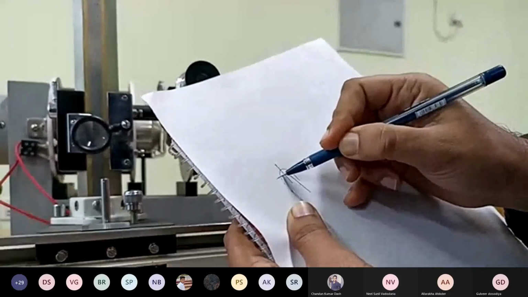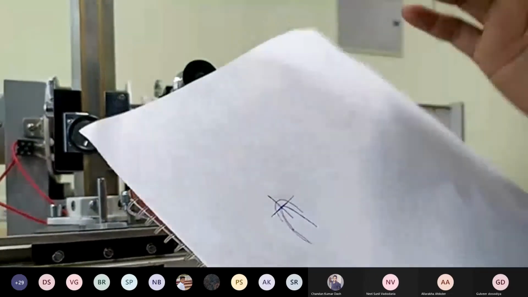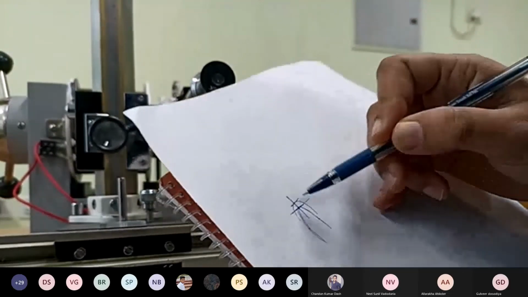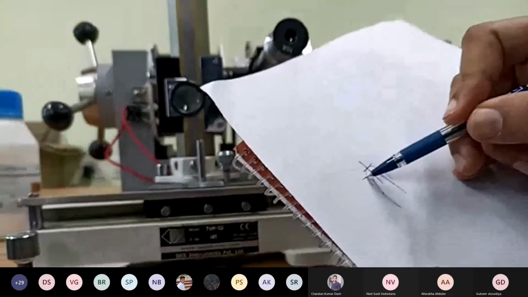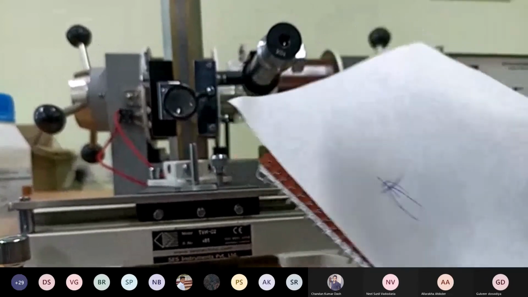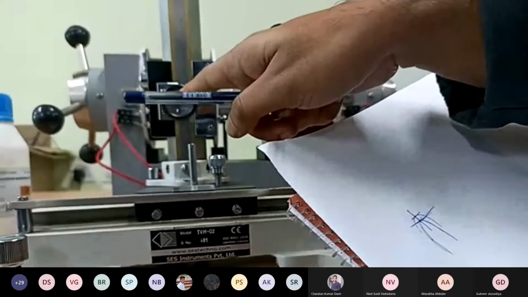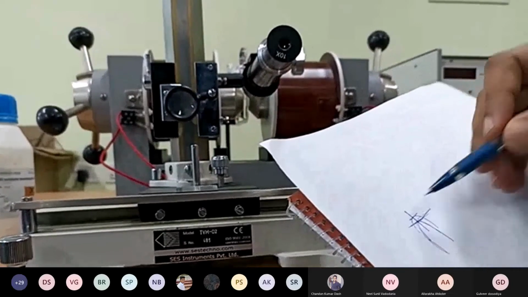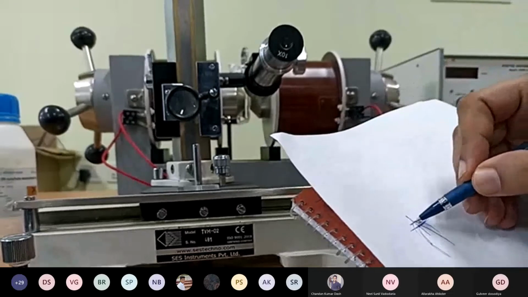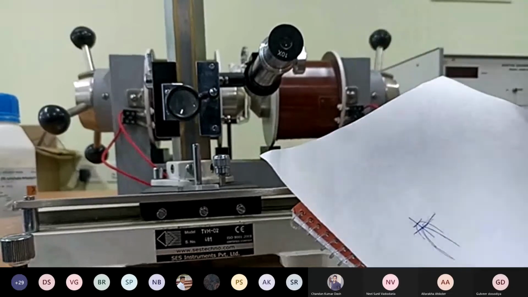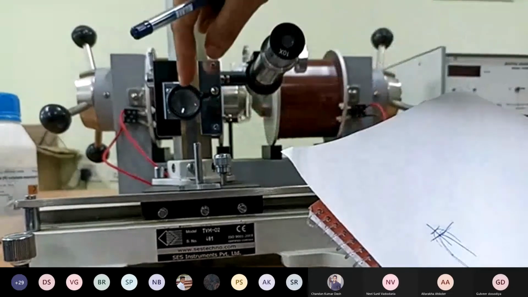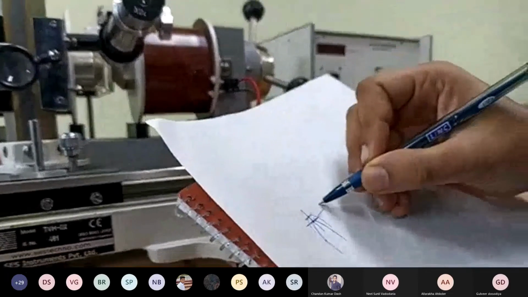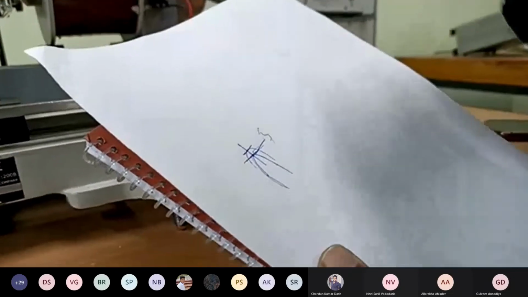So we'll adjust the crosswire and take it to this position. We'll measure through the linear scale and the rotational scale, then after the increase of the height we'll measure the value again by these scales. And then we'll take the difference, how much height it has risen.